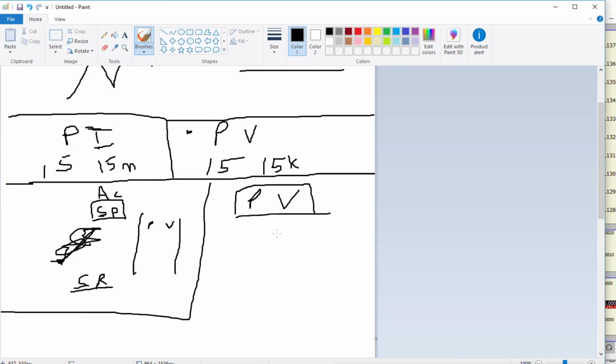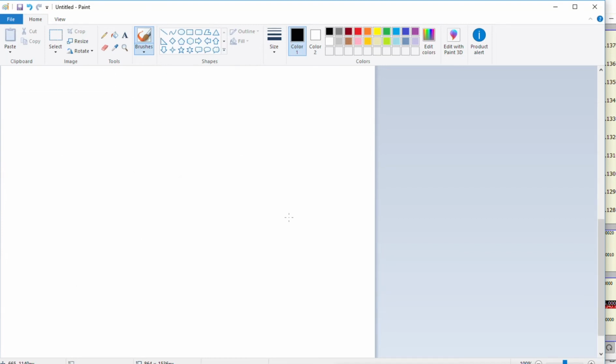Okay, so now let's take a look at price and volume. How do they fit together?